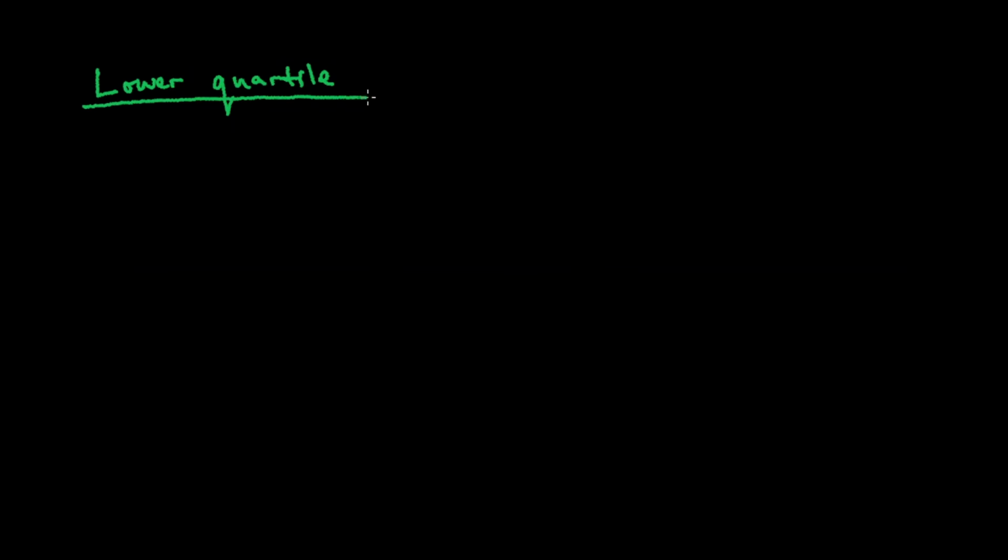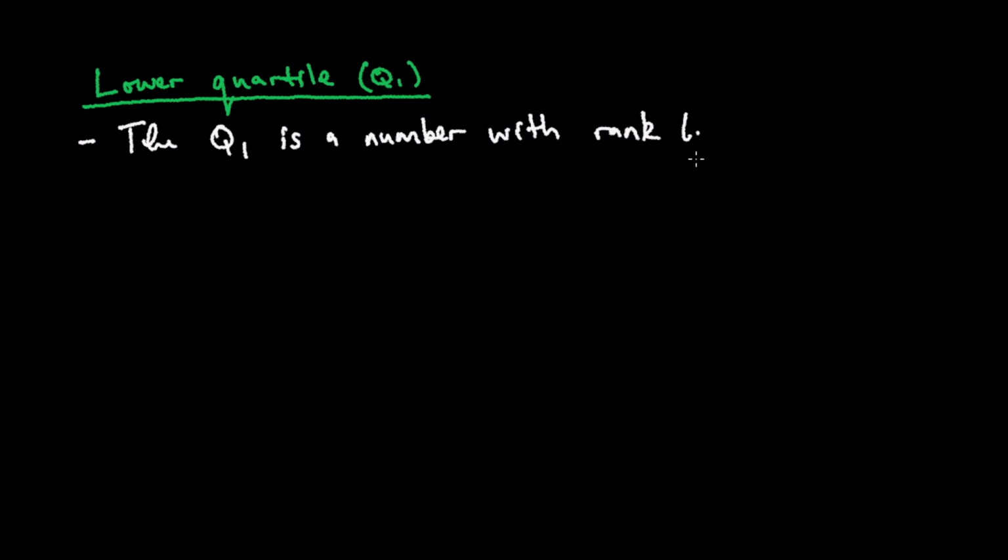So the lower quartile, which is Q1, we say the lower quartile is defined to be the number with rank L. So we say the lower quartile, written as Q1, is a number with rank L. And L, its rank, is equal to bracketed m plus 1 over 2.